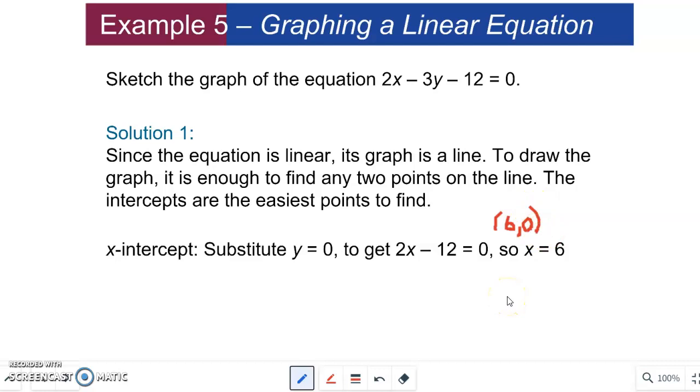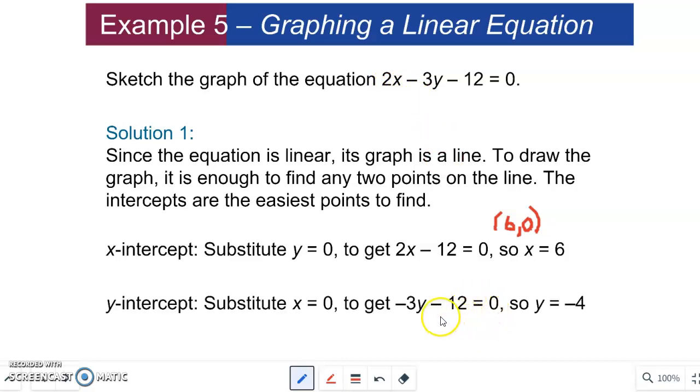To find the y-intercept, I'm going to come up and put 0 in for x. So I'll have 2 times 0, which is 0, minus 3y minus 12 is equal to 0. So again, if I add 12 to both sides, I'll have -3y is equal to 12.